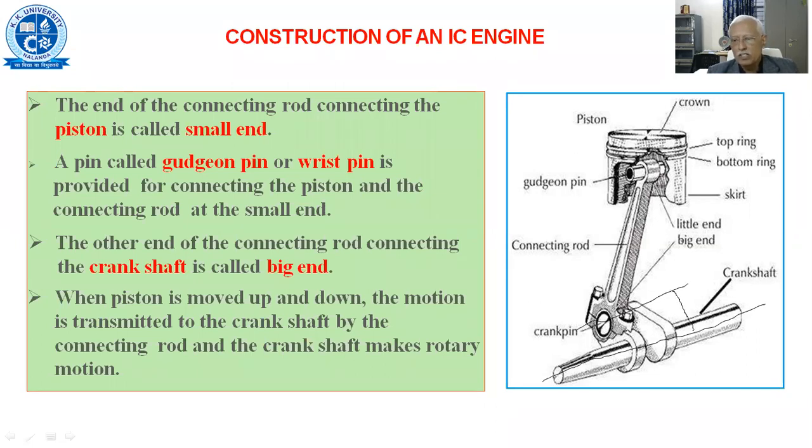The distance between these 2 points is the stroke. This is the stroke. So this is the length of travel of the piston from top dead center to the bottom dead center, and from bottom dead center to the top dead center. So this is called a crank length also. Okay, crank length.